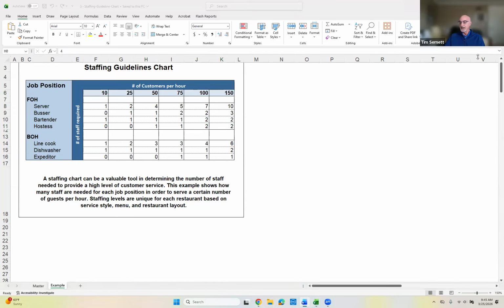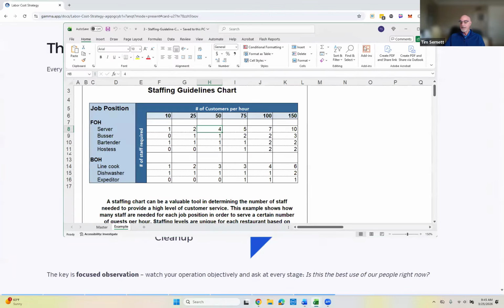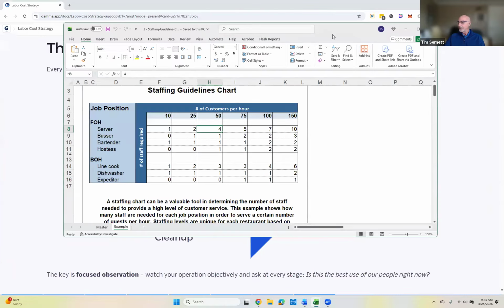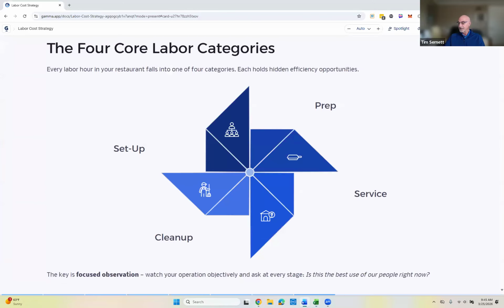That is measuring. The staffing guideline chart is one of the most valuable tools you can build. It becomes the foundation for scheduling work we'll do next week. And it tells you at this volume, here's the staffing level that balances guest experience, employee experience, and profitability.